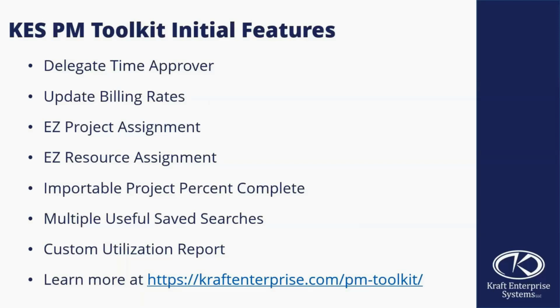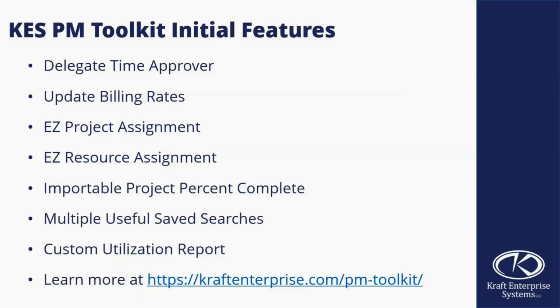For those of you that are using Project RevRec and using project percent complete for RevRec, often people don't use the NetSuite calculations for percent complete. Maybe they're using an external PSA and just bringing in results, or maybe even within the system they don't use the calculations NetSuite does.